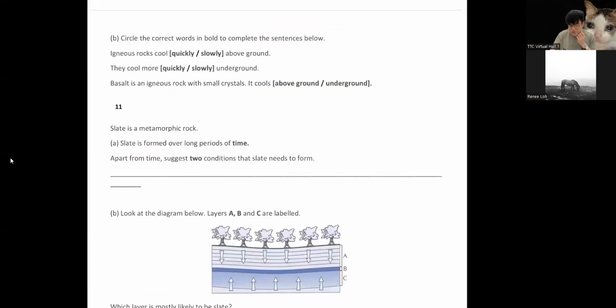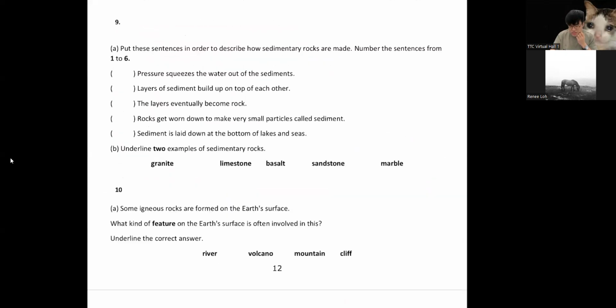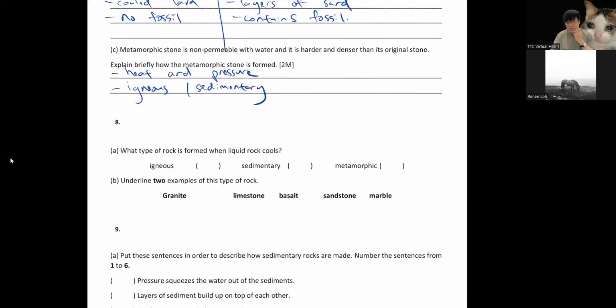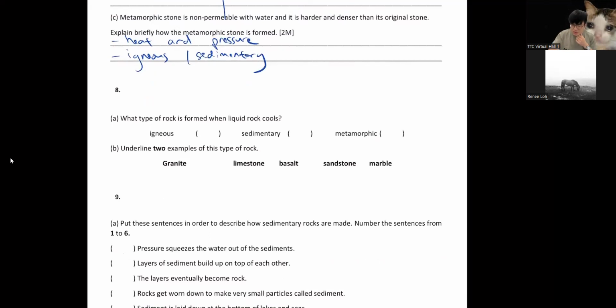So anyway, let's go to question 8. I think we stopped here last week, so let us finish discussing this. 8A, what type of rock is formed when liquid rock cools? Liquid rock is your magma. When magma cools down, you get your igneous rock. Like I said, igneous is ignite, 着火.